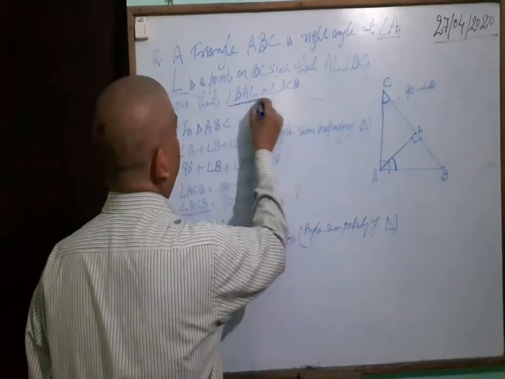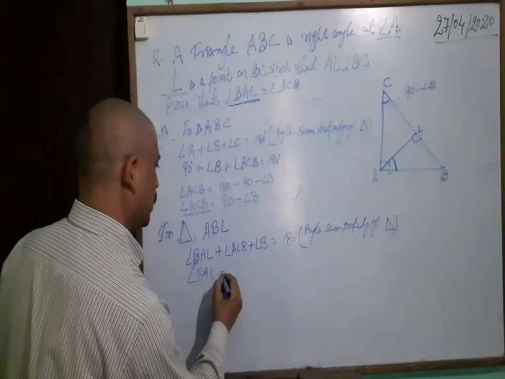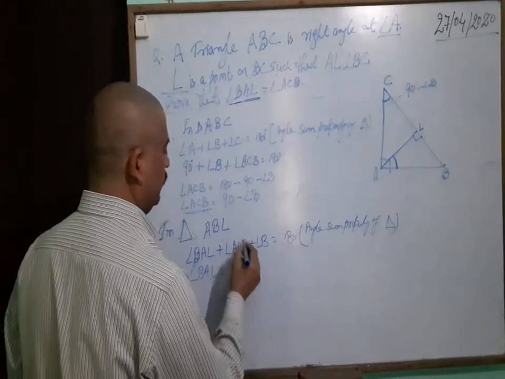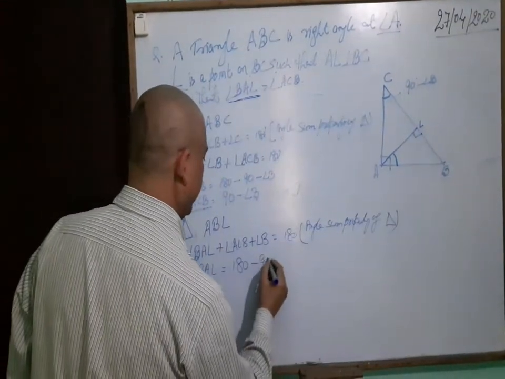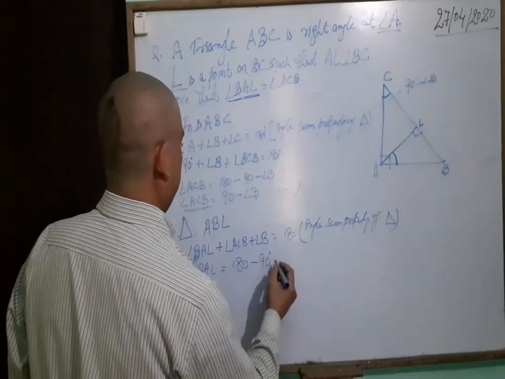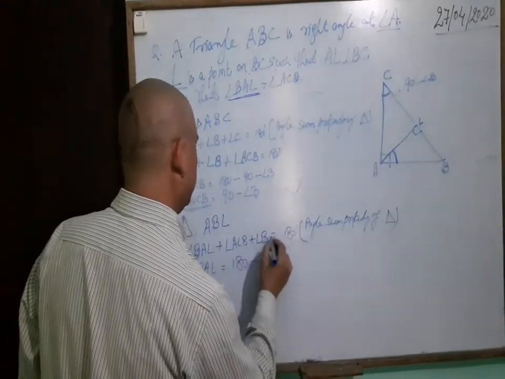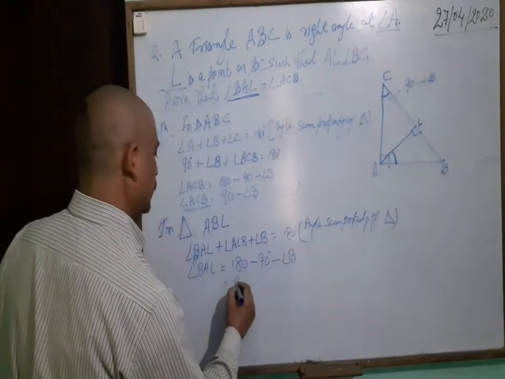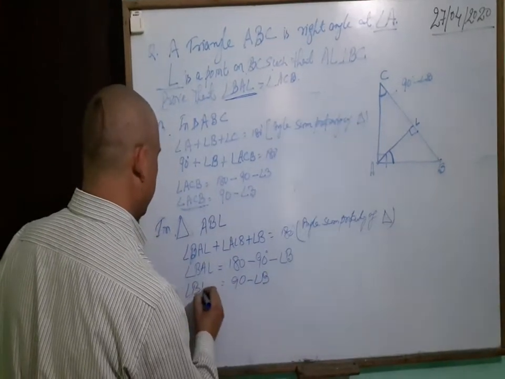So BAL equals 180 degrees minus angle ALB minus angle B. ALB is 90 degrees, so angle BAL is equal to 90 minus B.